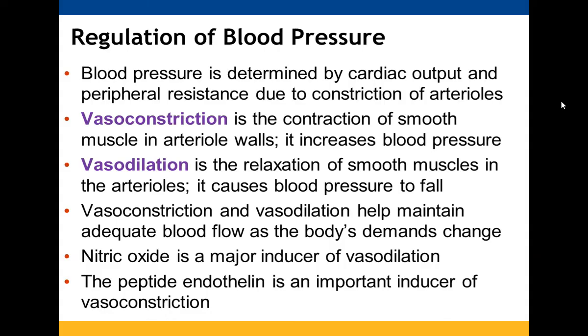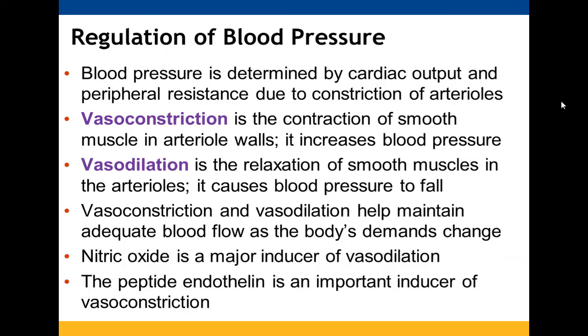Vasoconstriction is when the smooth muscle in the arterial walls is contracting, so that's going to cause your blood pressure to rise. That's what happens when you take things like Sudafed, that pseudoephedrine. It will cause vasoconstriction to take place. Vasodilation is causing those muscles to relax, and that's going to reduce the blood pressure that exists.